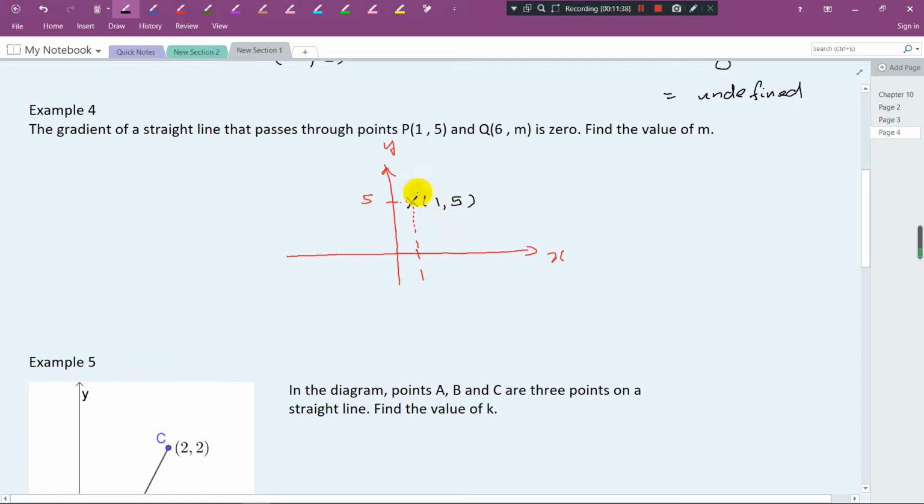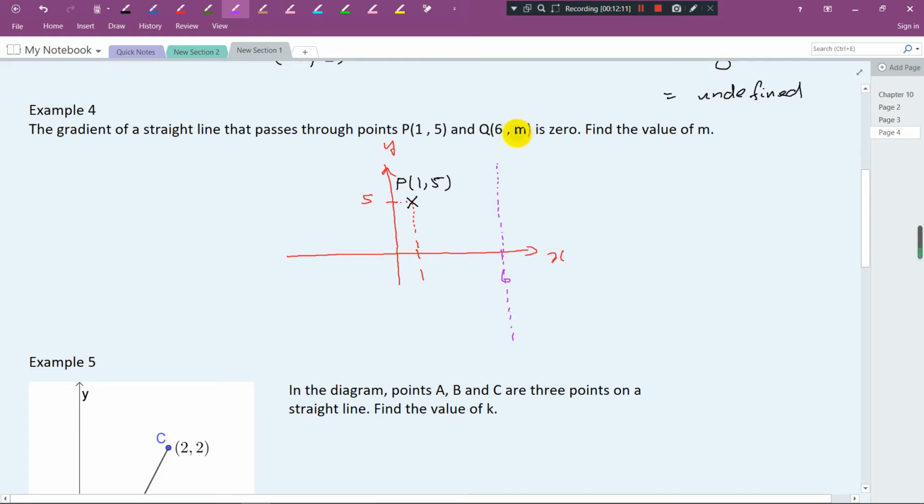This is P. And now we look at Q. Q is 6, m. The 6 is the x coordinate. So I just let here be 6, somewhere around here. The point Q will be somewhere around this dotted line.